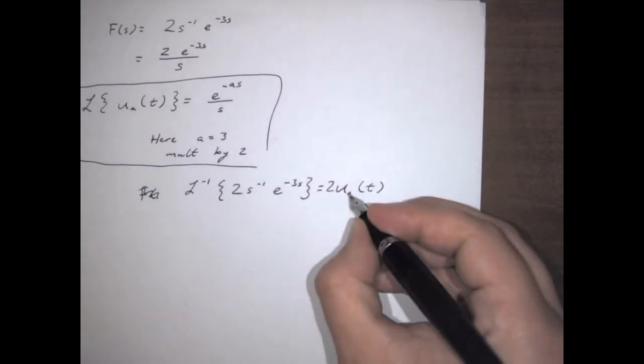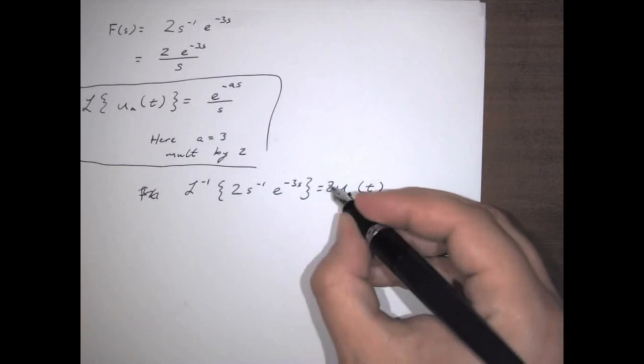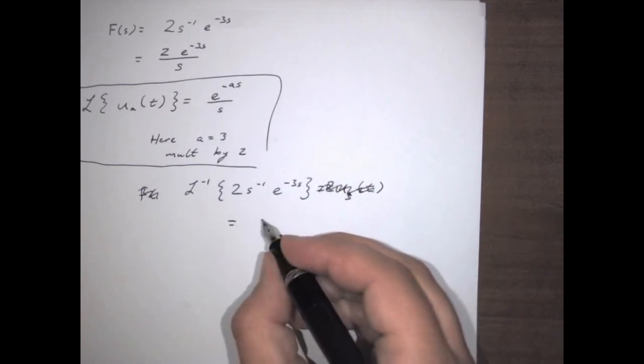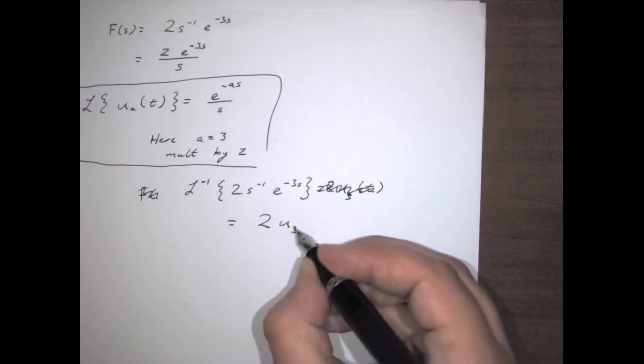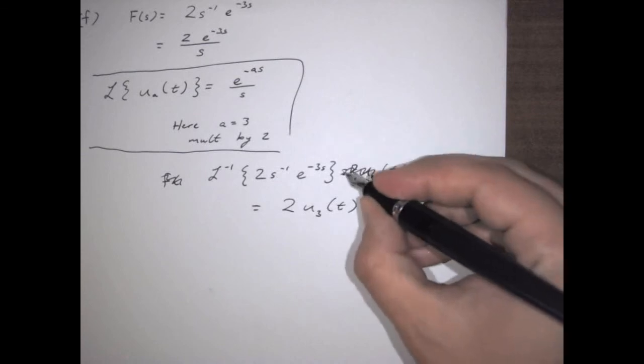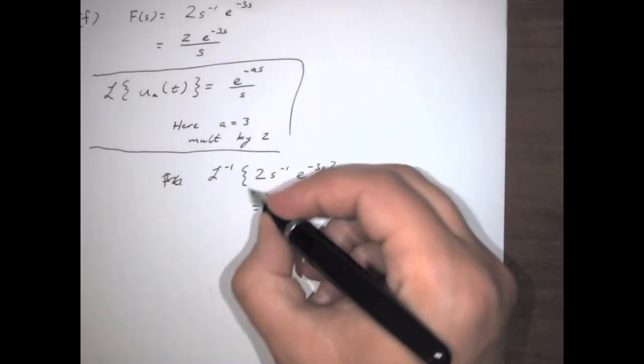Oops, times u sub 3. Is equal to 2 times u sub 3 of t. So it's the unit step function shifted over by 3 units.